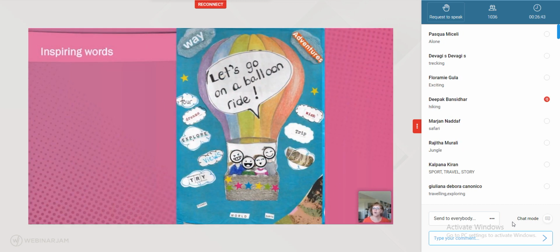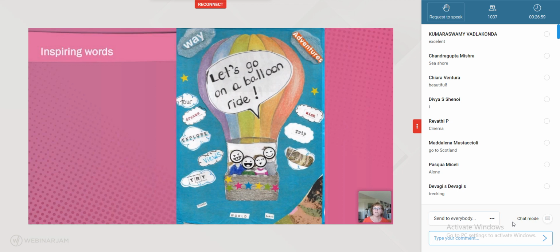Inspiring words could also be added to a picture. So I took this balloon, this hot air balloon, I cut it out of a magazine because I really liked the picture, and I've made my own picture from it.